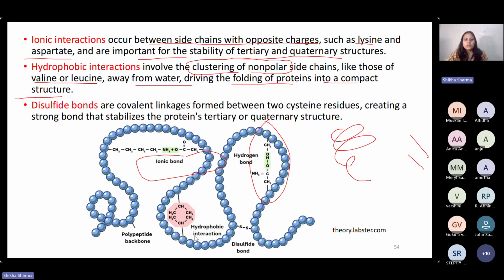Disulfide bonds are covalent linkages formed between two cysteine residues, creating a strong bond that stabilizes the protein tertiary and quaternary structure. So that is in between two cysteine molecules.